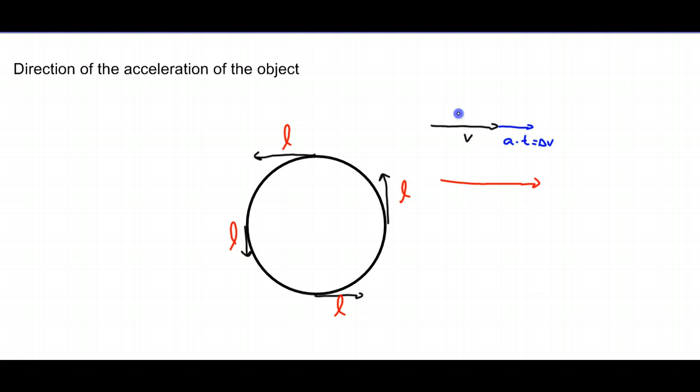So if this is our v initial vector, and we add to it a blue acceleration times time vector equal to delta v, we end up with a v final that's longer than it was before. The same thing happens if we flip this around like this: we end up with a final velocity vector that's actually shorter than before. And when we look at it, the only way that we can add a blue acceleration times time vector to our velocity and not change the length of it is if we add that perpendicularly.